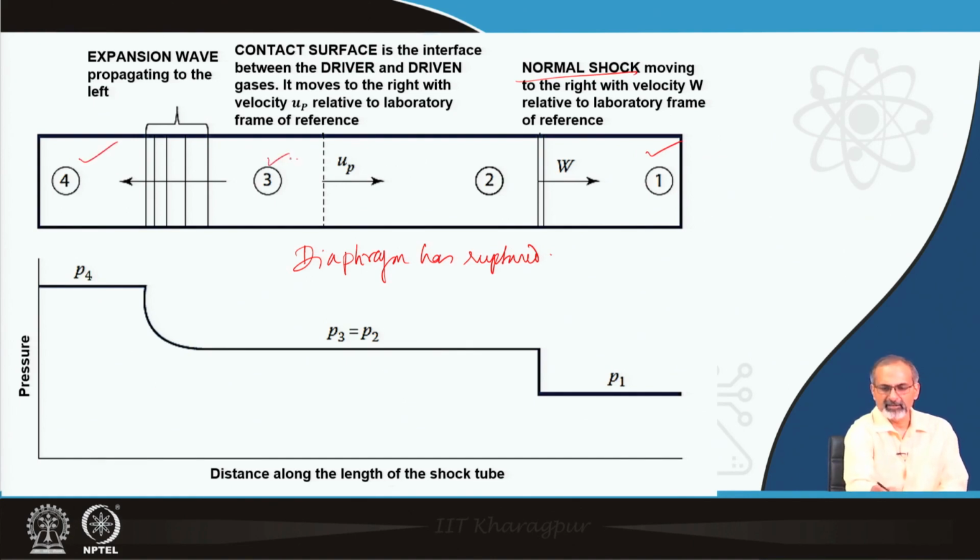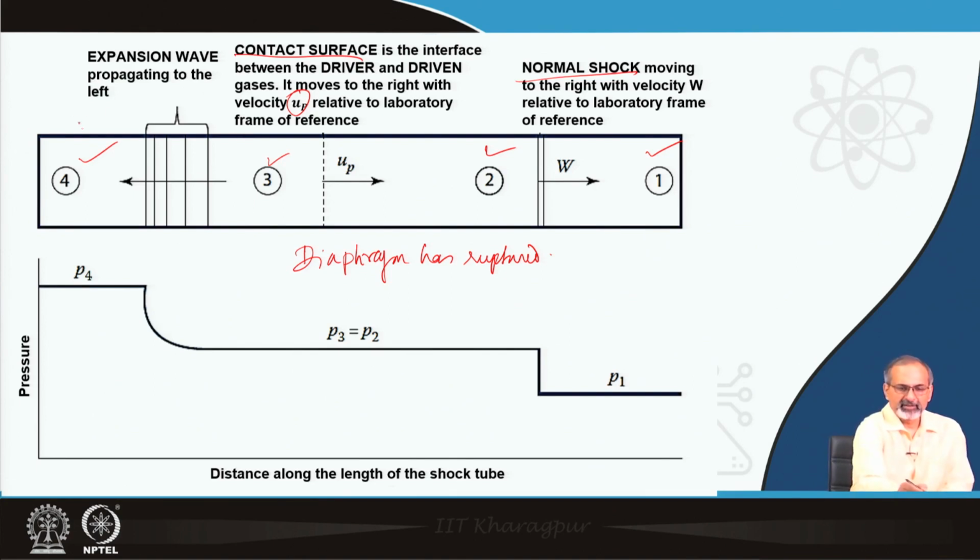Now, as you see, there are 2 more regions, 2 and 3, which have opened up, and we have a contact surface which is the interface between the driver and driven gases. It moves to the right with velocity u p, which is an induced velocity basically, and that velocity is relative to the laboratory frame of reference.